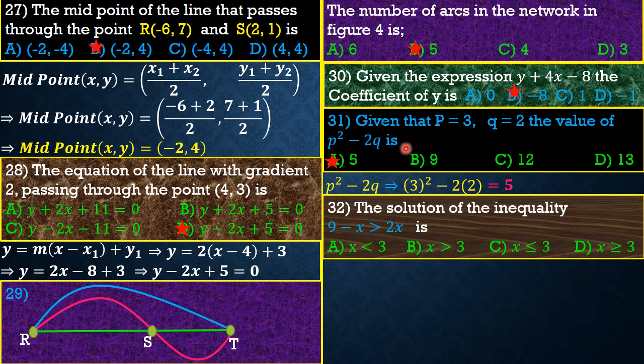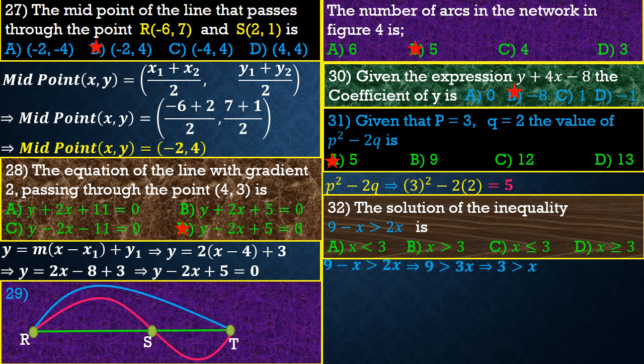Then, guys, question 32 reads that the solution of the inequality 9 minus x greater than 2x is. So, friends, to get this question done, all we have to do now is to carry minus x to the right hand side. The sign is negative, and when it goes, it becomes positive. So we're going to have 9 greater than 2x plus x, which is 3x. If we divide all through by 3, we have 3 greater than x.